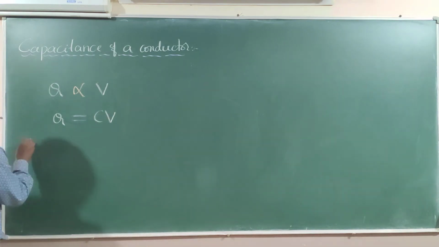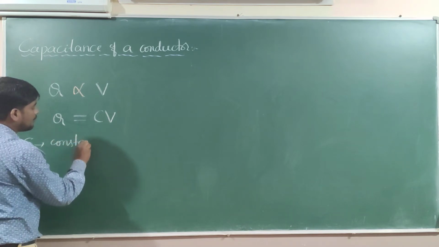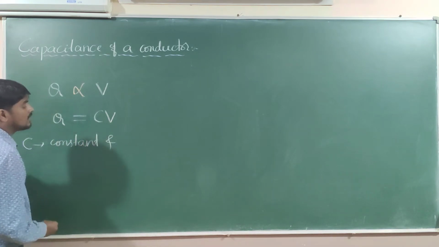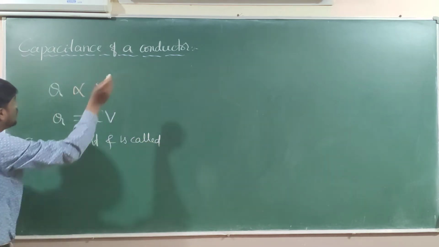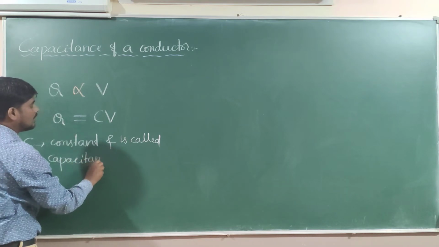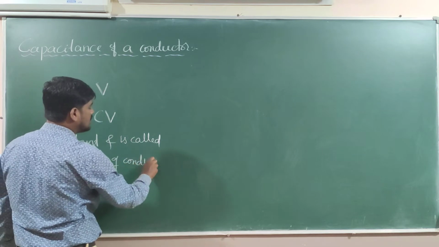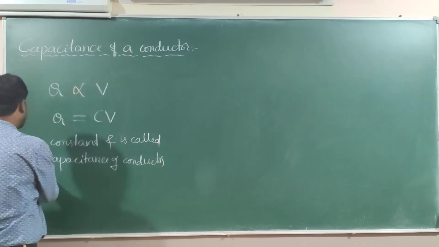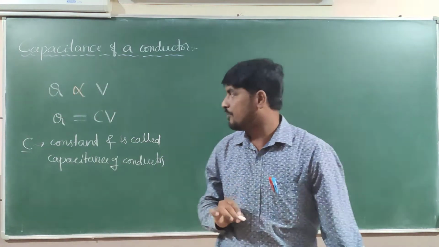What is C? This C is called the proportionality constant, and it is called the capacitance of the conductor, also called COC, and is denoted by capital C. Please note the symbol is capital C, not small c.